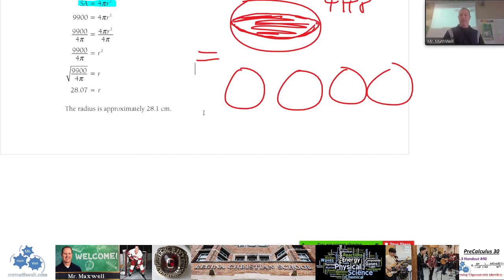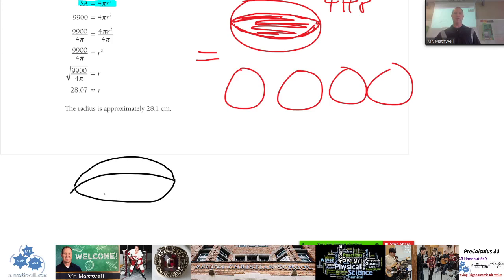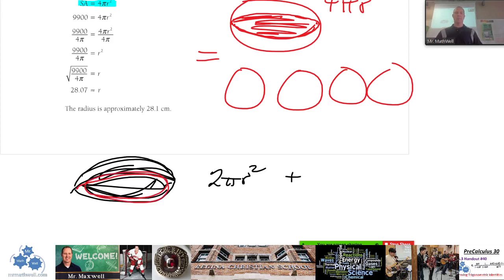All right. Now, if we have a semisphere or a hemisphere, where you have a flat bottom and then just half of a sphere that's cut off, that's a little bit different. The wraparound part around the outside is 2 pi r squared because it's half of a full sphere. But then you have to add the circle on the bottom. And I have a hemisphere right here.